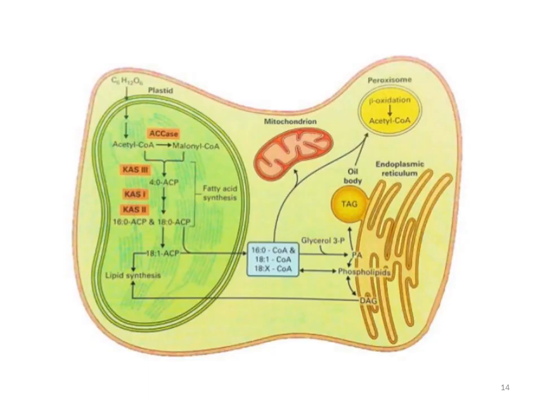This is the summary of the whole process of fatty acid synthesis and finally its metabolism to release energy. So here you can see fatty acid gets synthesized in the plastid. This is a double membrane-bounded organelle.